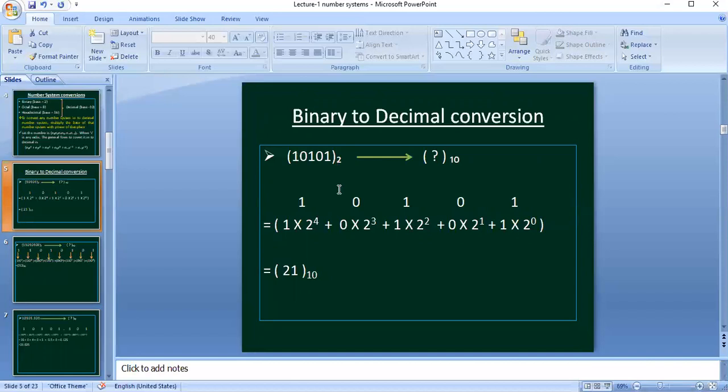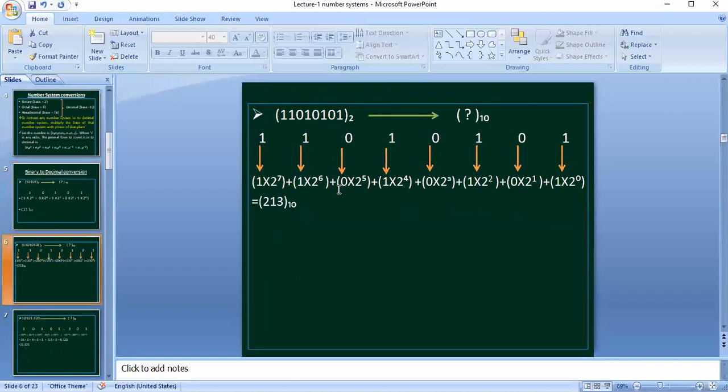Okay. So next one. Here I am taking one more example, a binary number. You have to convert this given binary number into a decimal number. So multiply each digit by its positional values. You have to take the positional values from right to left.